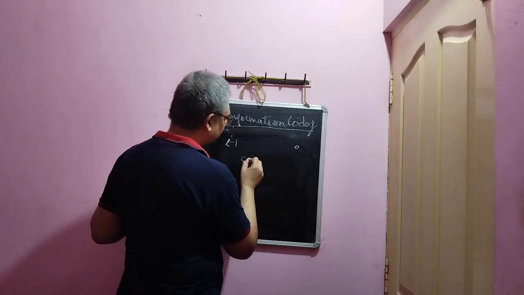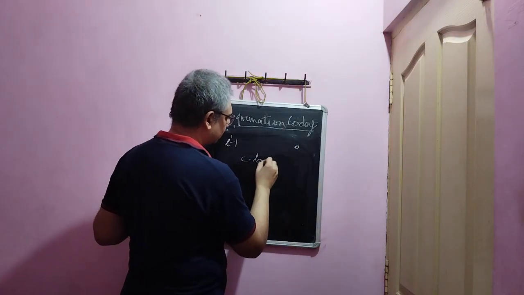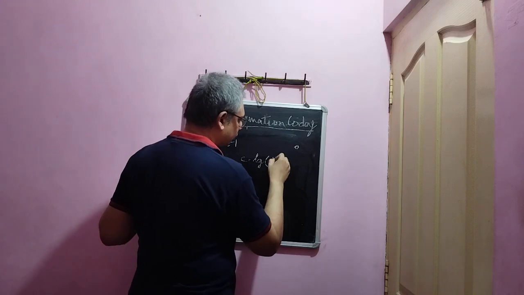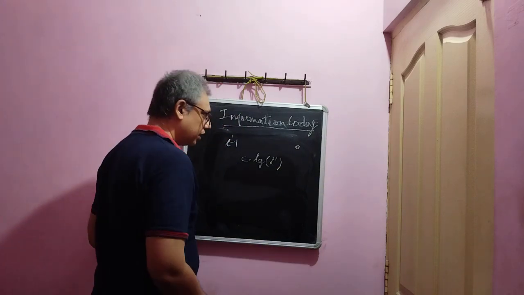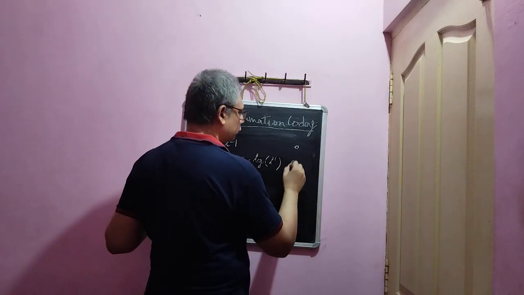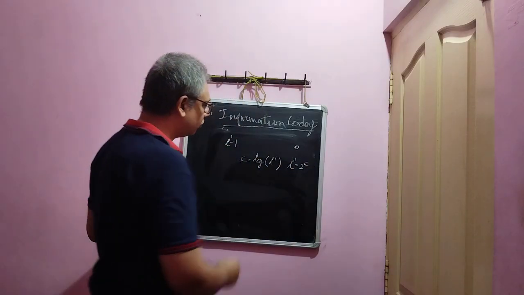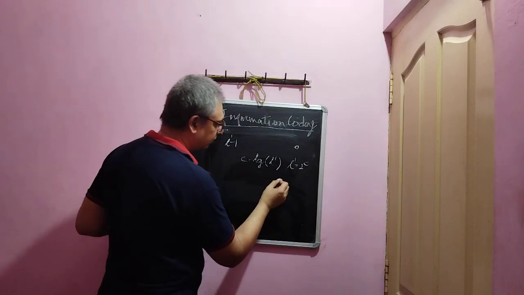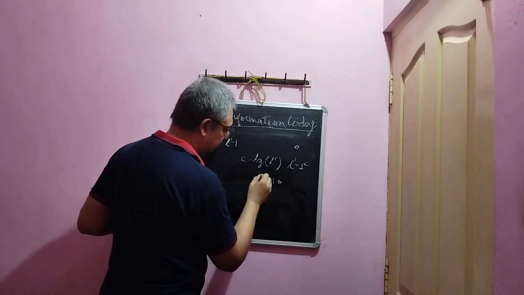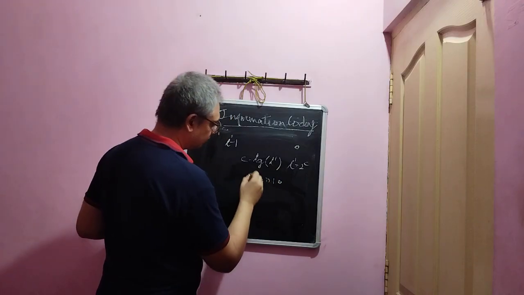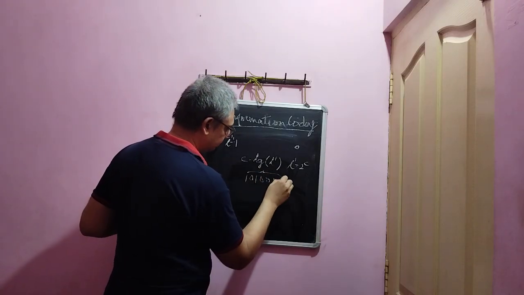So if you have c equal to log of L', assume L' is a power of 2, so L' equals 2 power c, then the indices of all those bits will turn out to be ordinals like this. So there will be c bits here.